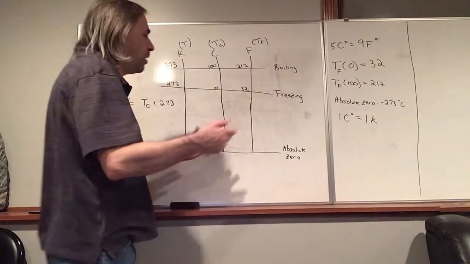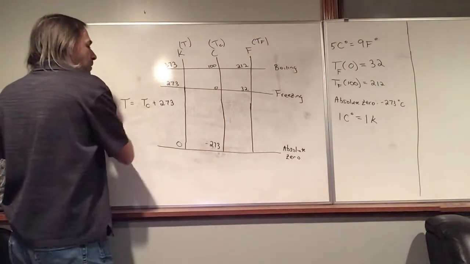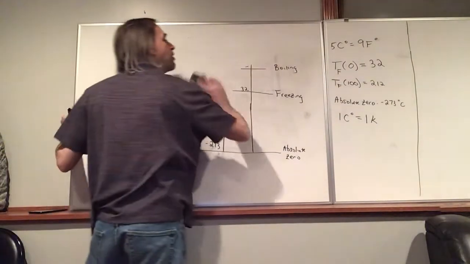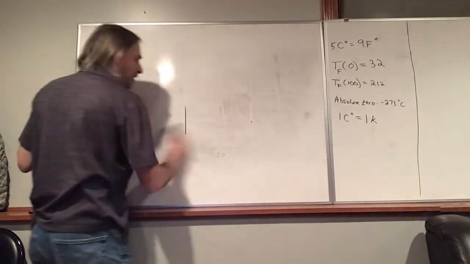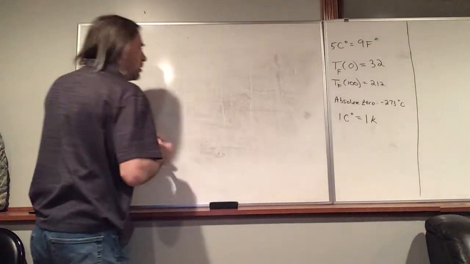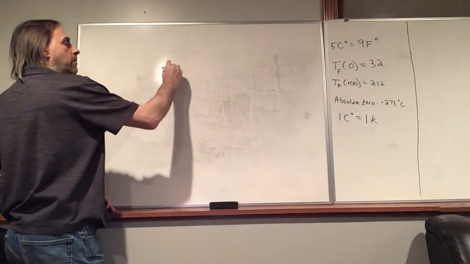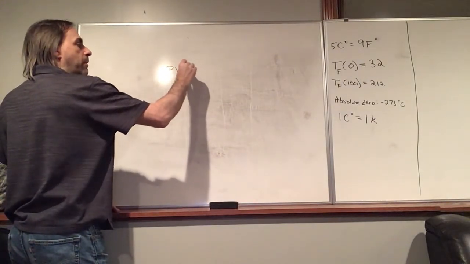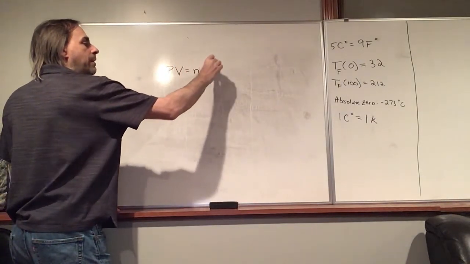And again, just to illustrate the reason for this, I'm going to write down an equation we're going to come across in chapter 14. I'm sure many of you are familiar with this already.